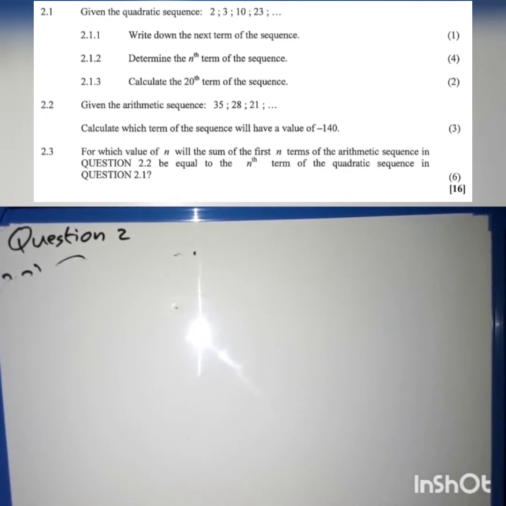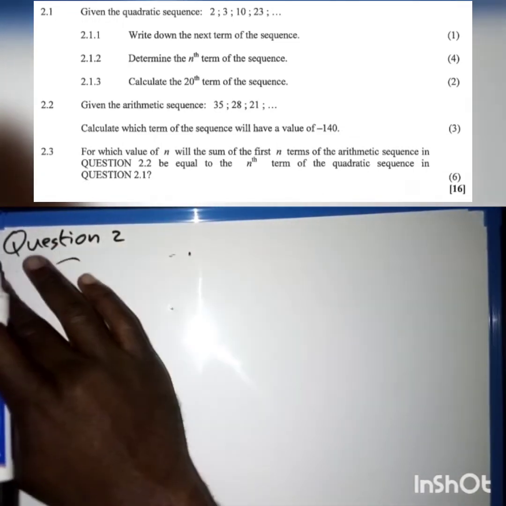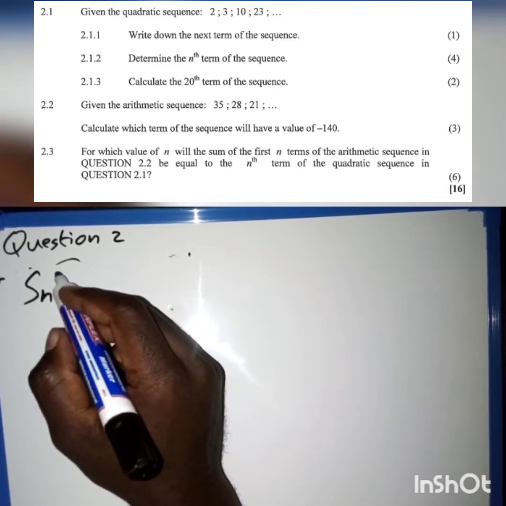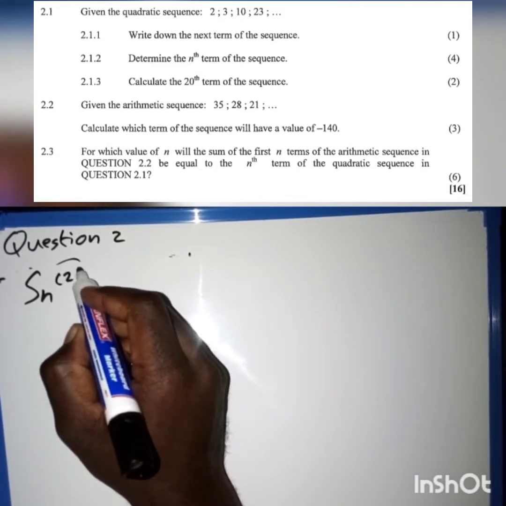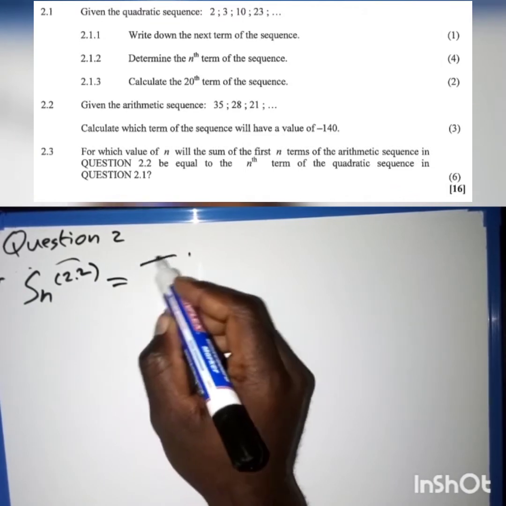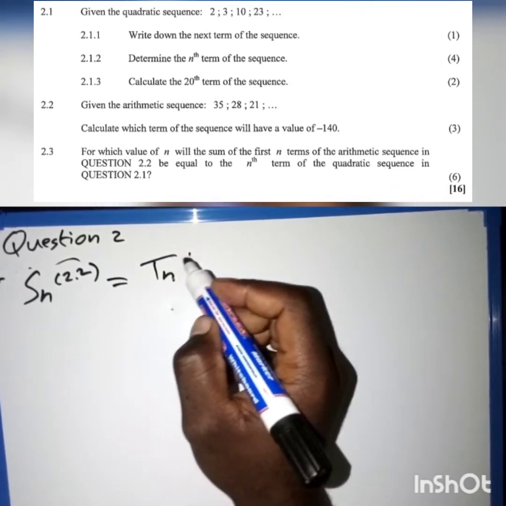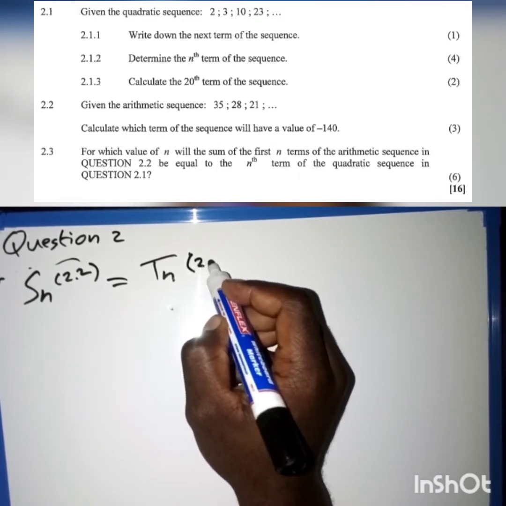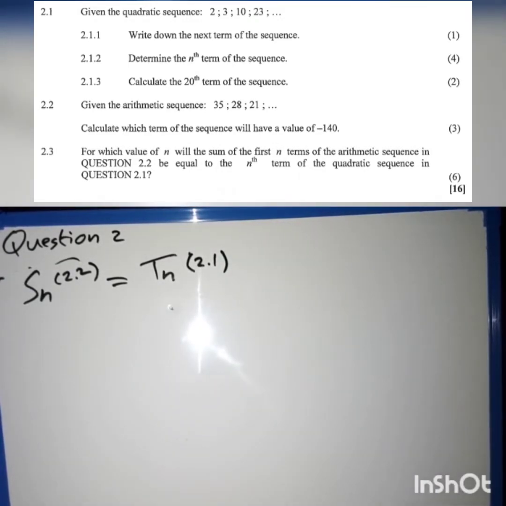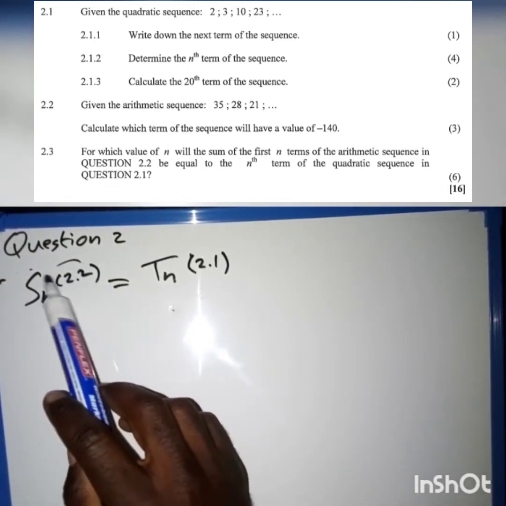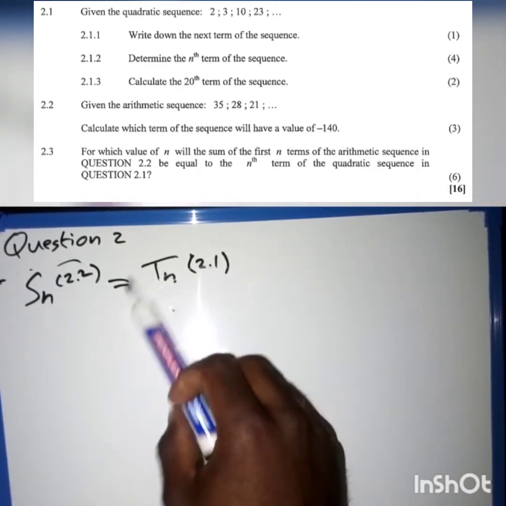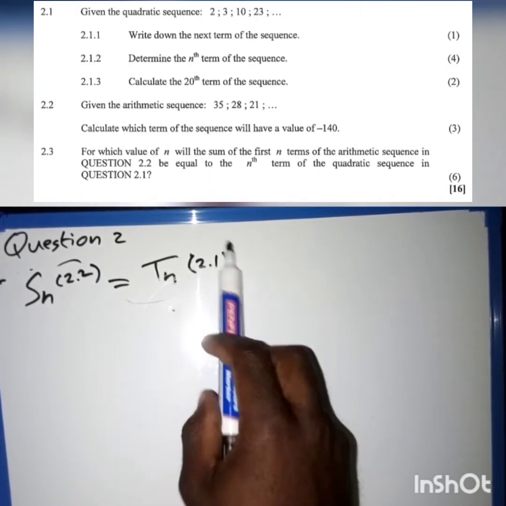So basically what they're saying is, when will Sn from question 2.2 be equal to Tn in question 2.1. So where will Sn, the series, be equal to the sequence Tn, right?